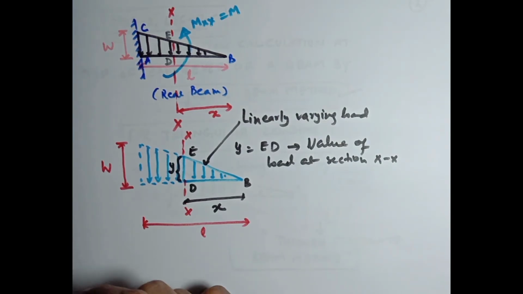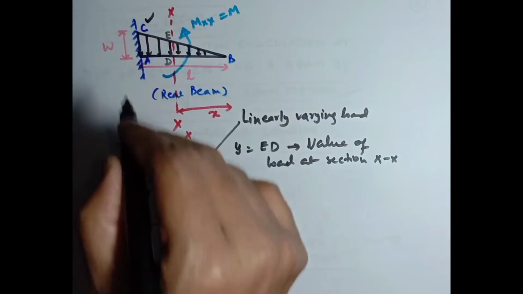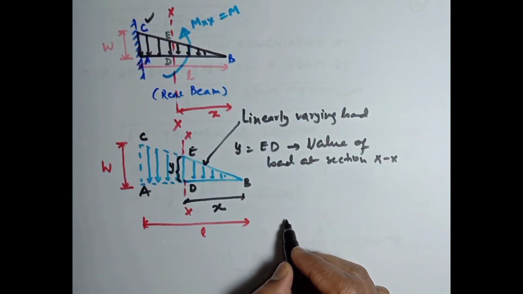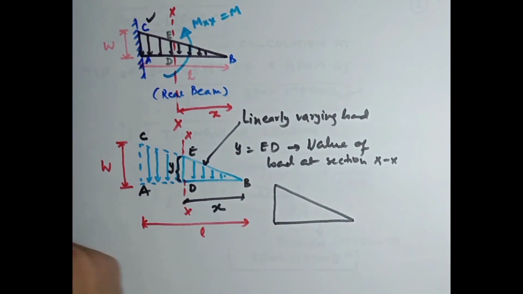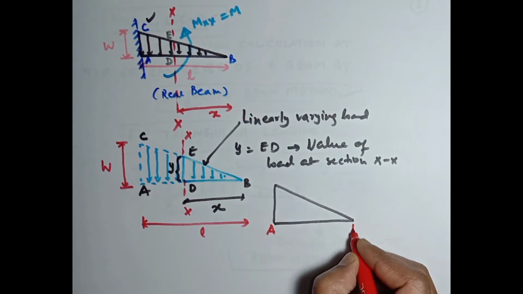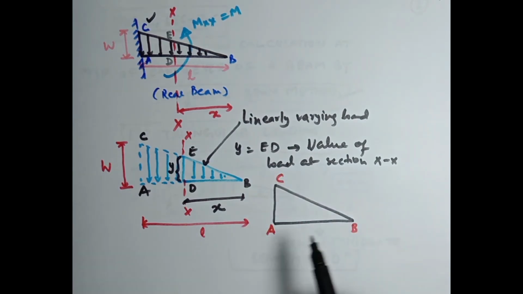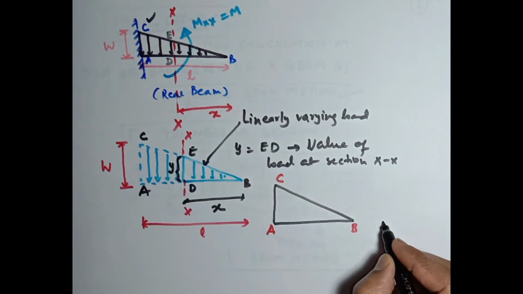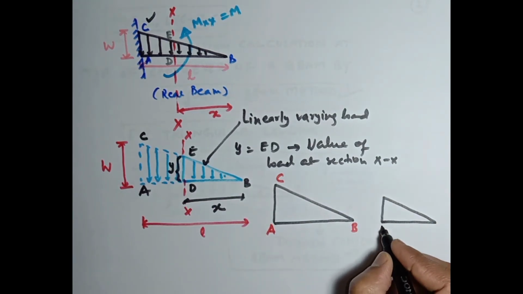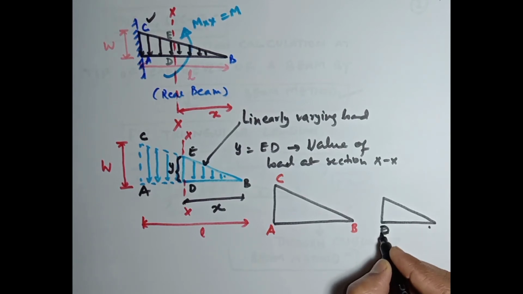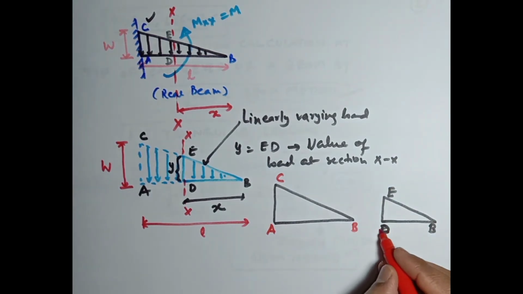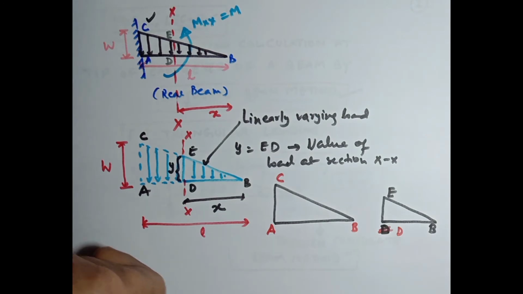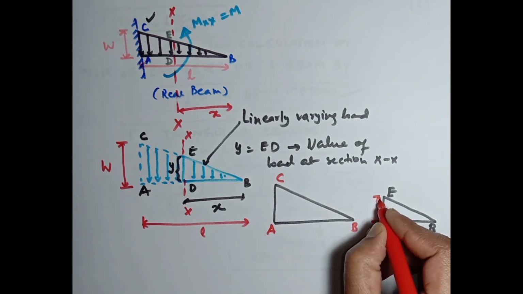Take the triangle. This point is A, and we have shown this point as C. There are two triangles here. One triangle is A, B, C. And there is another triangle, D, B, and E. This is the value we are going to find.